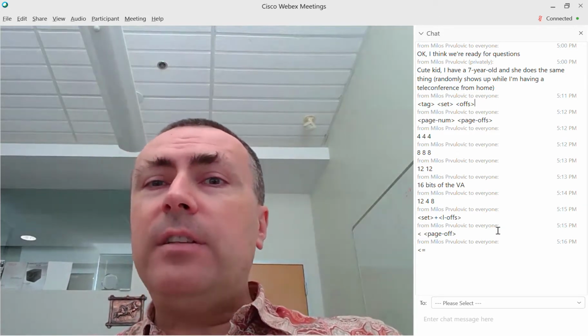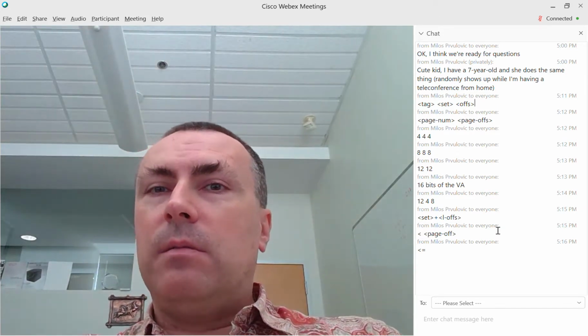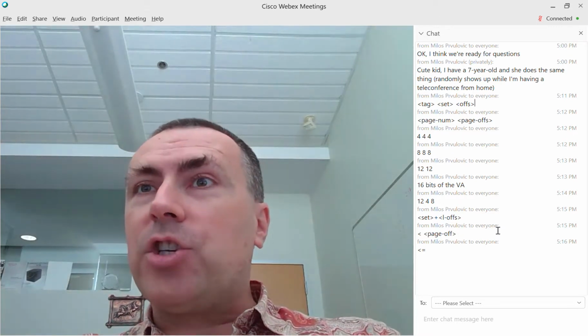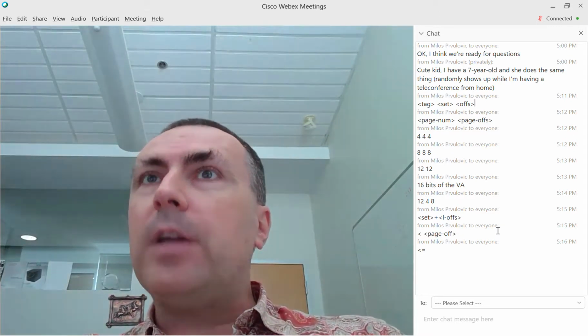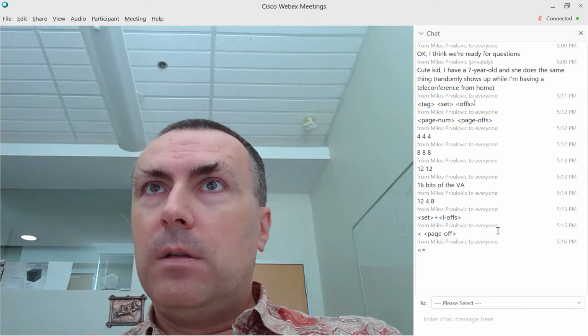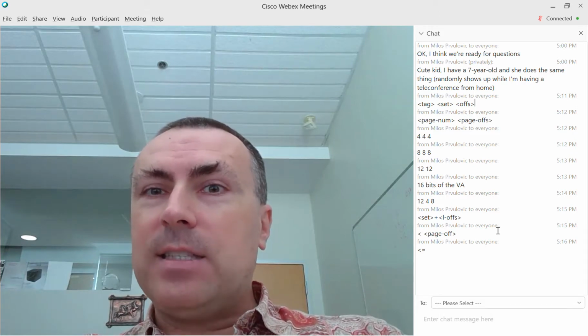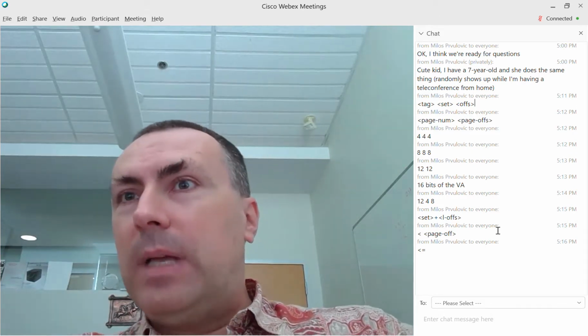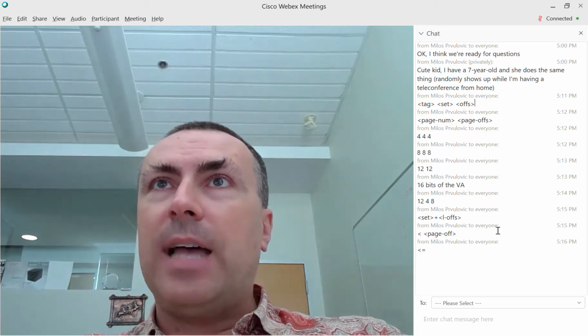So if I have a direct-mapped cache, that means that the whole cache needs to be less than or equal to the page size, because the number of sets times the line size needs to be less than the page size.